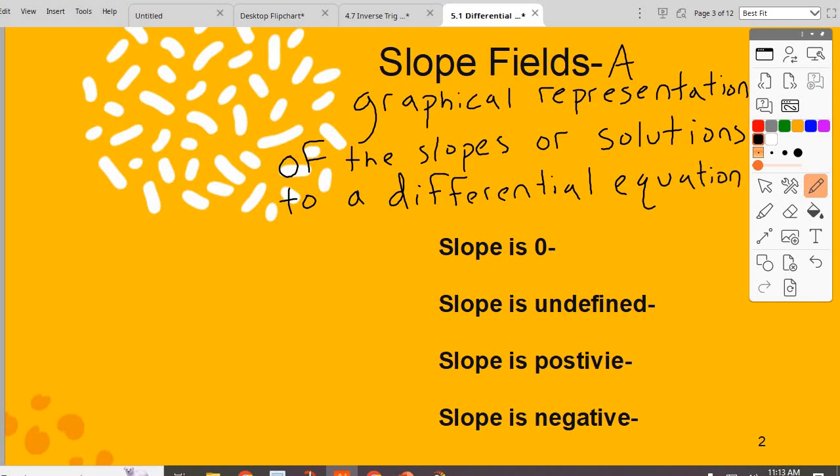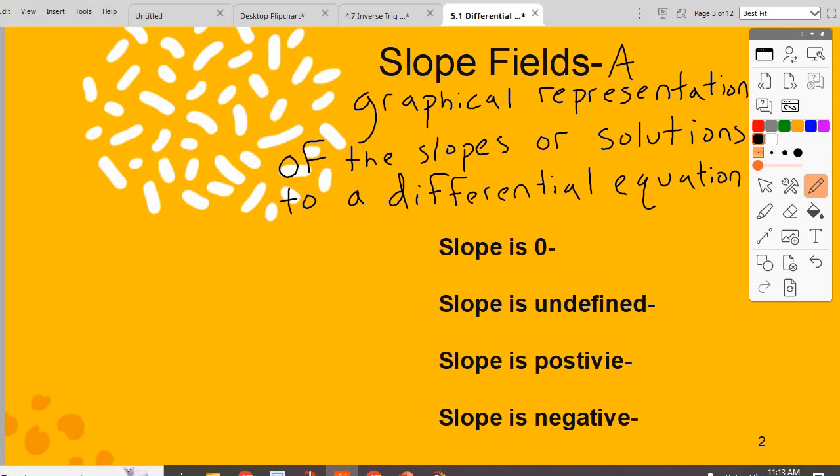So basically it's like a graph and we're going to draw a bunch of little lines on it that represent slopes at different points along our graph. And so it's just kind of a way for us to get a broad picture or broad idea of what the solutions to a specific differential equation are going to look like.